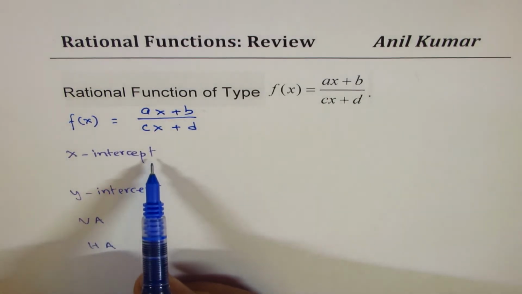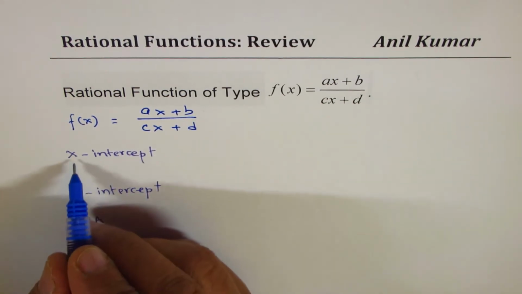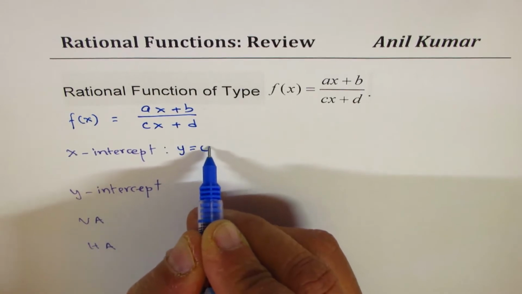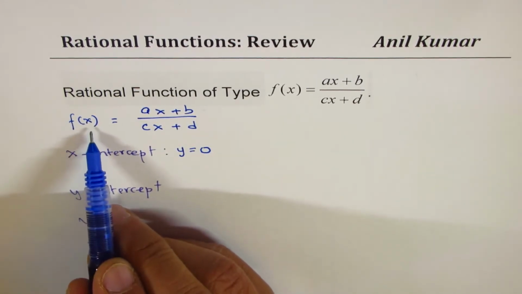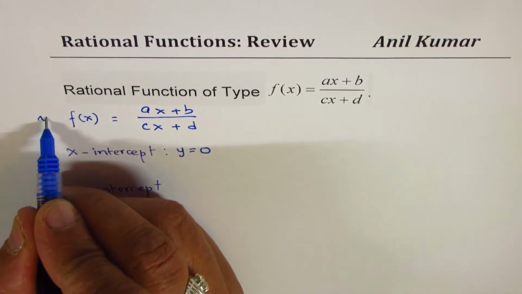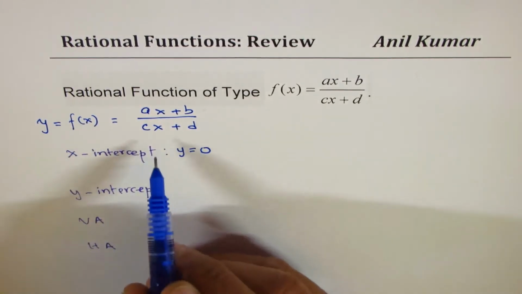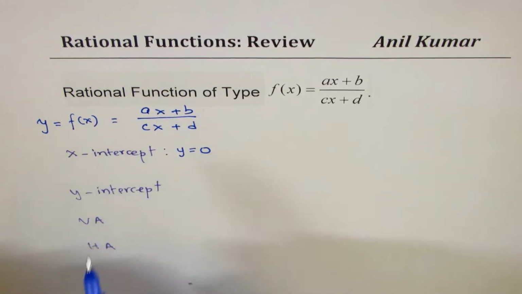For x-intercept, y value is 0, correct? So for x-intercept, what we know is y equals 0. Now f of x is the y value, so y really represents the value of the function f of x. Y equals 0 means the numerator should be 0, right?